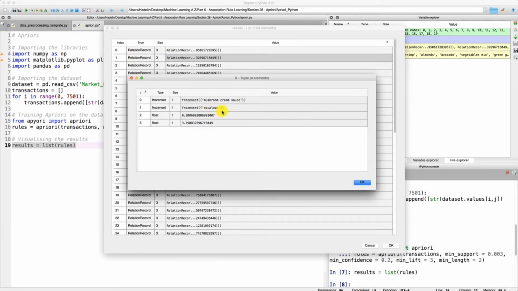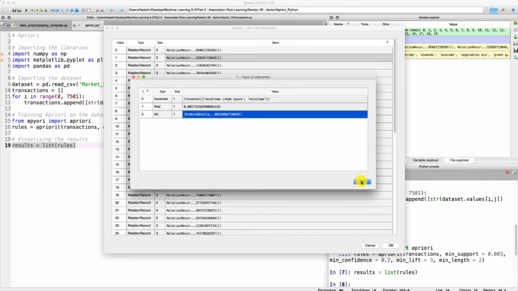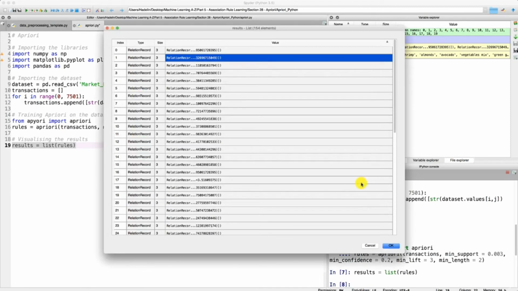So pretty interesting, and actually I think this is a very good mix. Being French myself, I love putting some mushroom cream sauce on my escalope. And then we have a lift of 3.8, which of course respects the minimum lift set as 3. Okay, so let's click OK, OK, and OK.